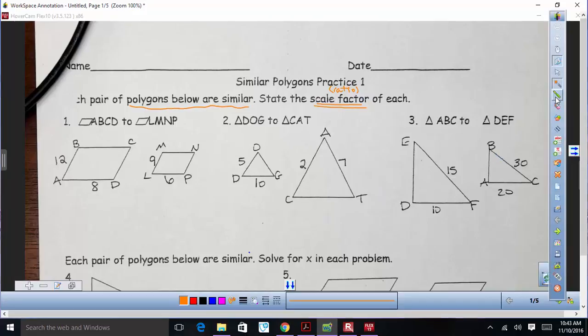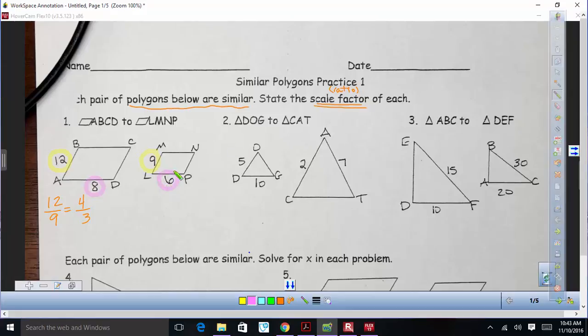So someone tell me what side corresponds with AB? So I would compare 12 to 9. What would that reduce to? 4 over 3. Very good. Now I need to compare the other two corresponding sides and see if it matches. So what does this side, AD, correspond with?